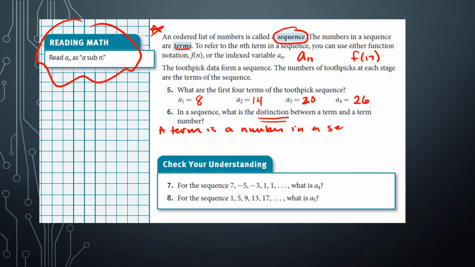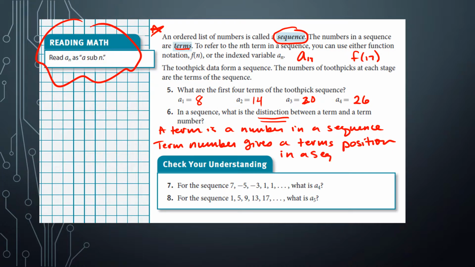It's just one of the numbers. And the term number tells us where it is, so maybe the term's position in a sequence. So it tells us where that term is.